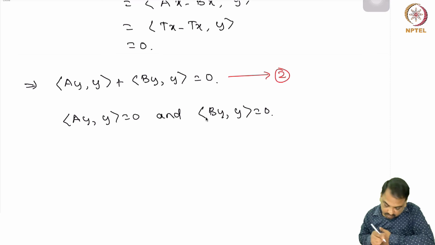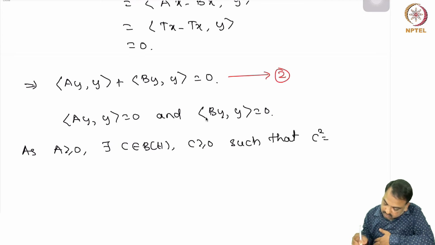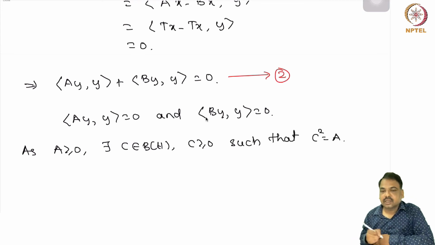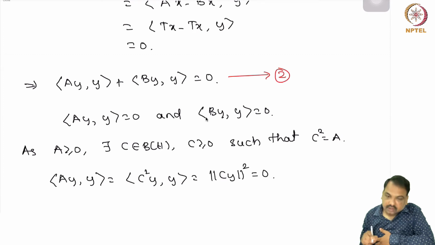Okay. Now we can write, A is a positive operator, so there exists some C such that A equal to C square, because of the result that we have proved now. That means we can say that (Ay, y) is (C square y, y), that is norm Cy square, that is 0.